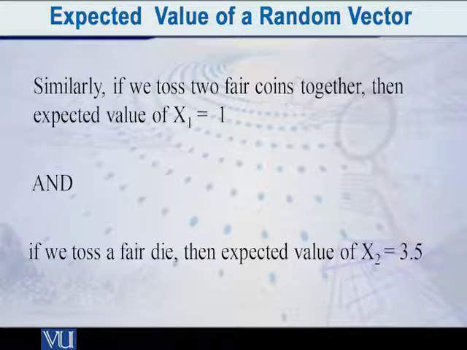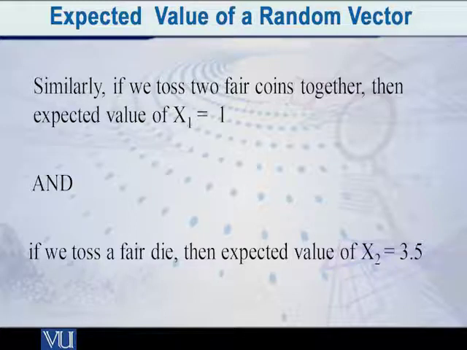So 0, 1, 2, the center is 1. Why did we say that the probabilities are 1 by 4, 2 by 4 and 1 by 4? Because we are saying that those coins are fair. Only if they are fair can you say 1 by 4 and all of this.